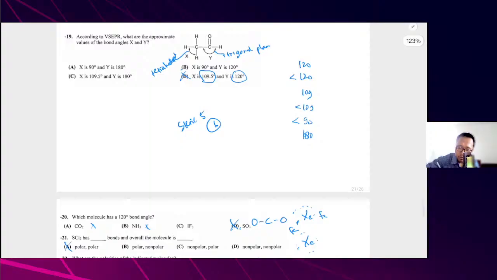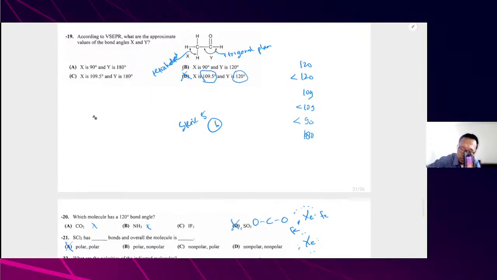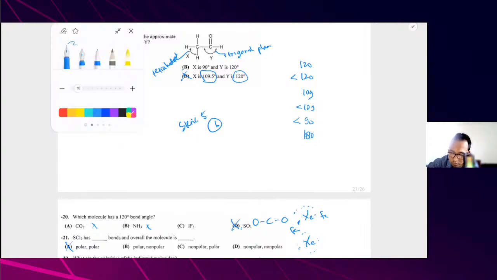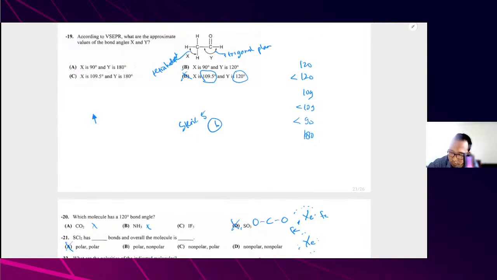I was just wondering, when is a molecule non-polar?